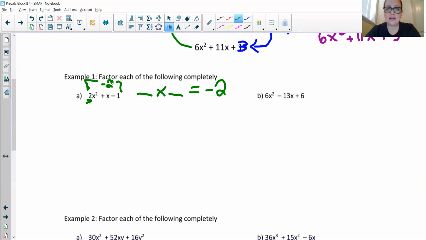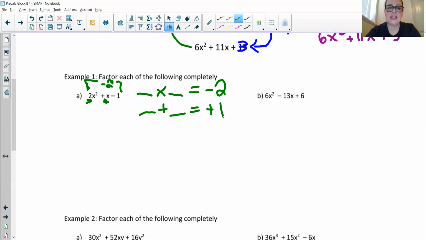And those same 2 numbers have to add to the coefficient in that middle term. So remember, if there is no number there, there is a number there. We're just too lazy to write it. So that number is a positive 1. Okay, so we're looking for 2 numbers that multiply to -2 and add to positive 1.